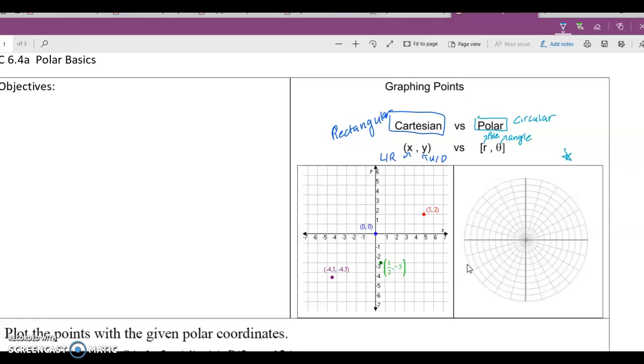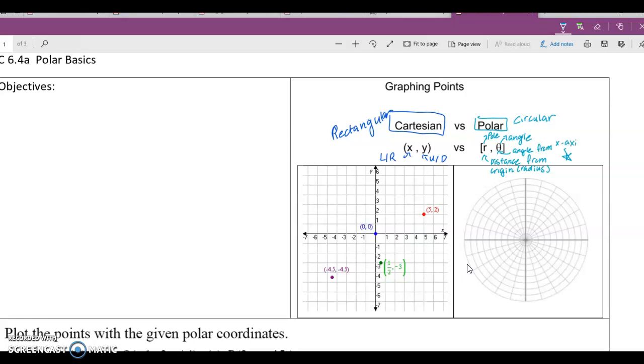So what this measures is r measures distance from the center, distance from, I'm going to say origin, and I'm going to put radius in parentheses, and then theta measures the angle from x-axis.